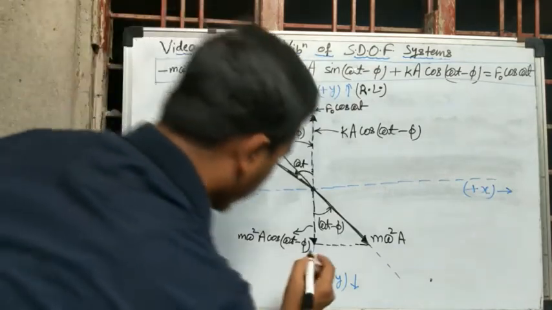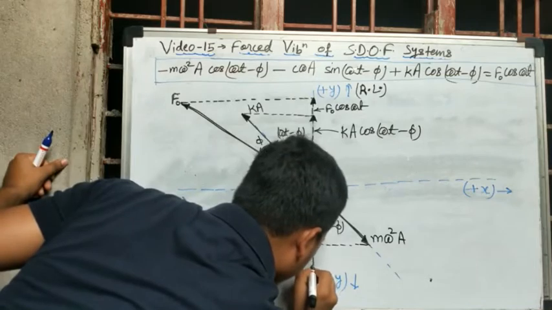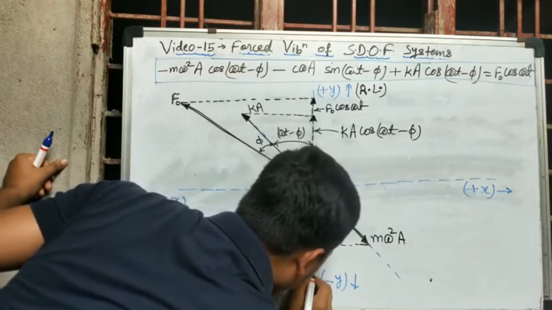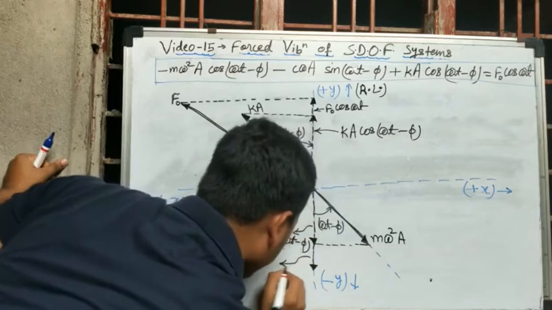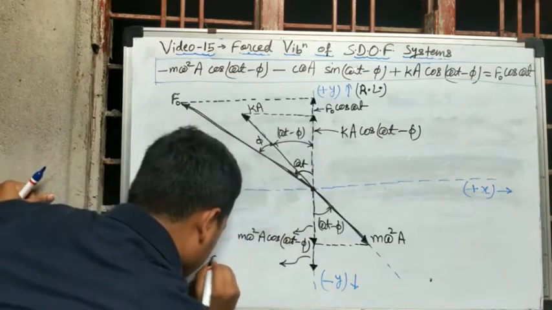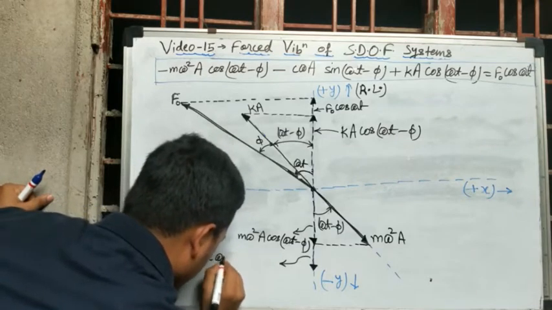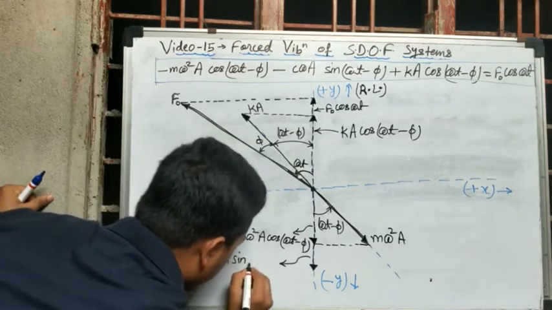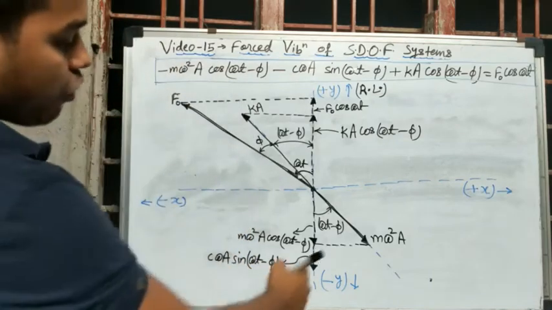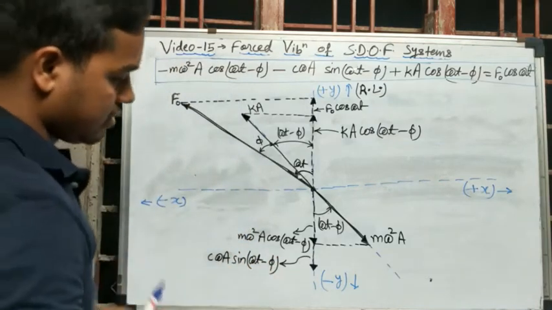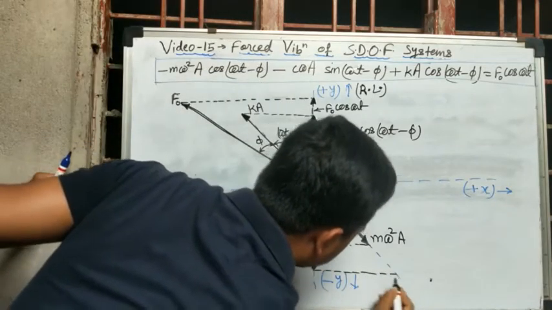That means in continuation to minus m omega square a cos omega t minus phi, I'll have one more force here, and the magnitude of this force is c omega a sin omega t minus phi.